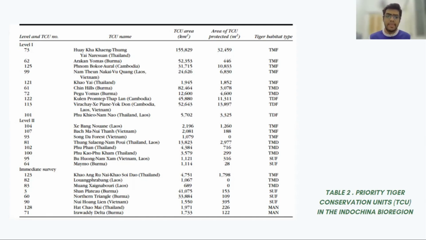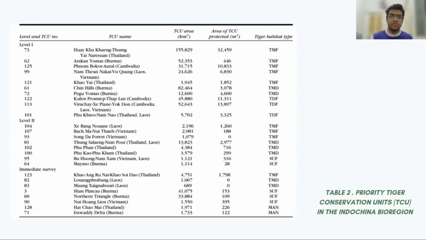Not only that, certain discoveries have been made in the immediate survey, where in two places, in Thailand and Burma, the tiger habitat type is mangroves. There are a total of 69 TCUs identified: 10 in level 1, 8 in level 2, and 8 for immediate survey.